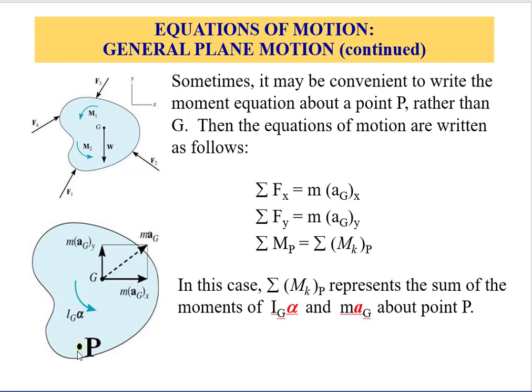But you have to recalculate the moments, which is the left-hand side, of all these forces and moments about the point P, and calculate this equivalent inertia, which is equal to the Ig alpha plus the moment of MaG, which is a cross product between R of G with respect to P cross MaG. And that can be decomposed in scalar form.